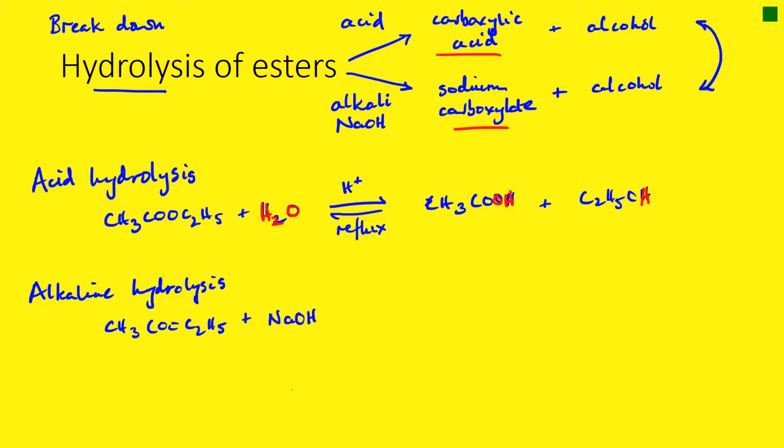That's not a catalyst, it's a reactant, but again we're going to reflux with heat, obviously. But as you notice, I've written an arrow there rather than an equilibrium sign because it goes all the way. And what we do is we make the salt.